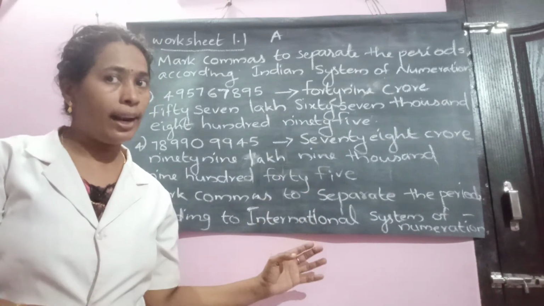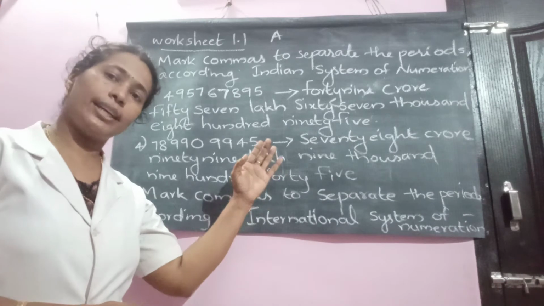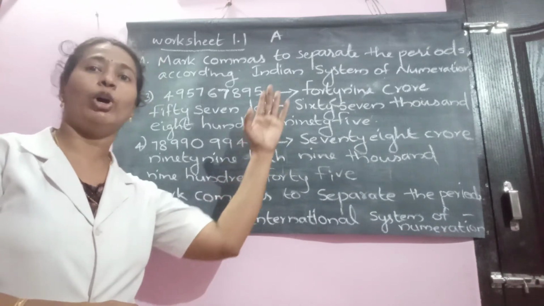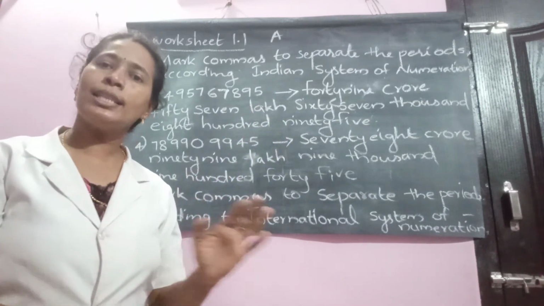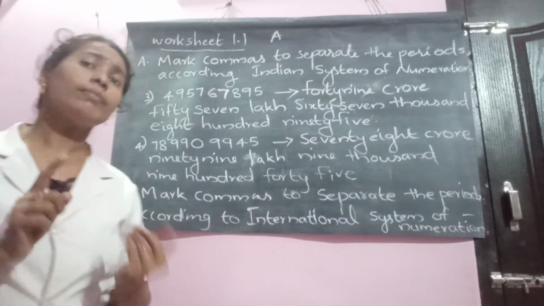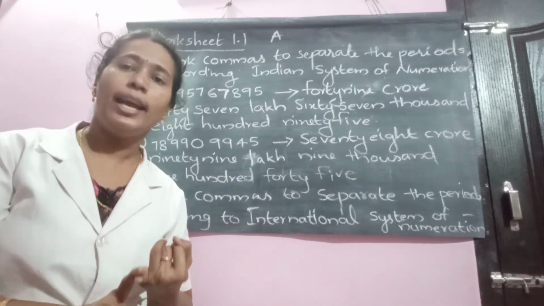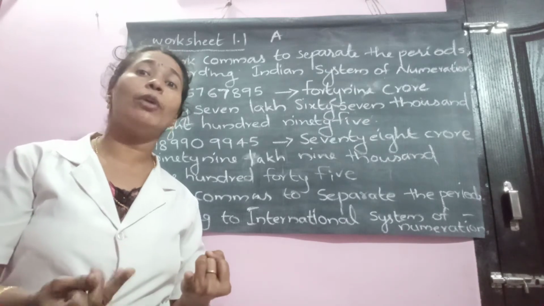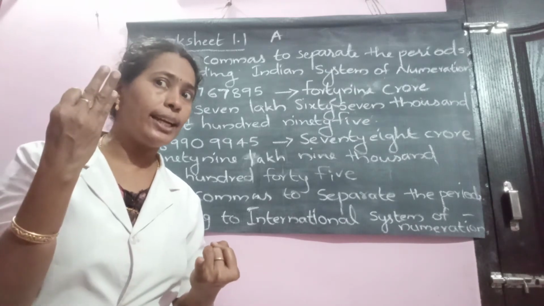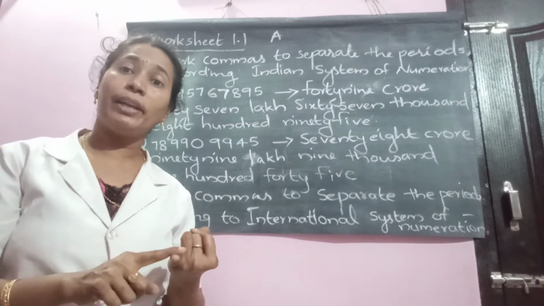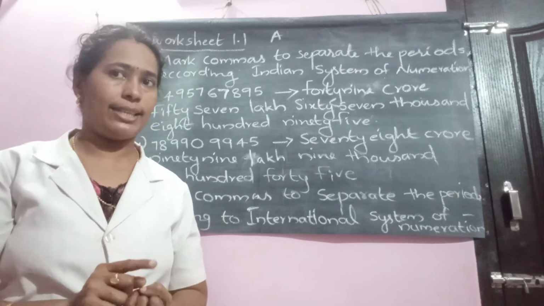Both are entirely different. So, let us study first Indian system of numeration. In Indian system of numeration, our first period is called ones period. And ones period has how many digits? 3 digits. Okay, ones period has 3 digits.